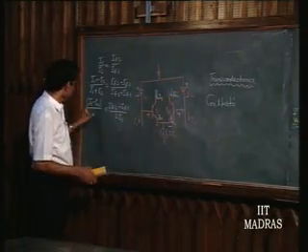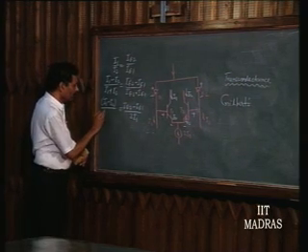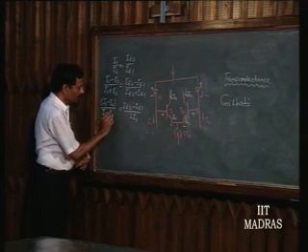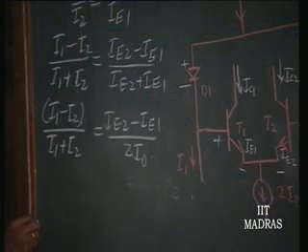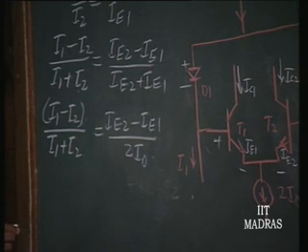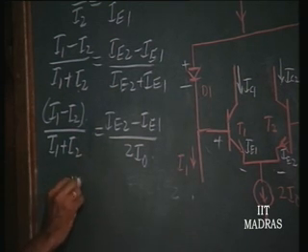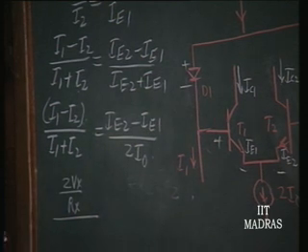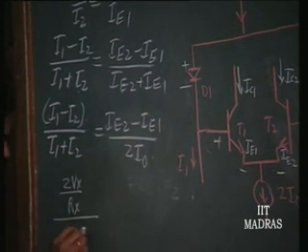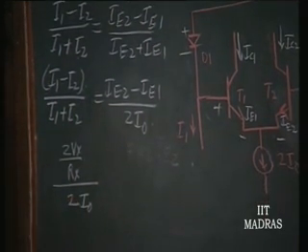So, what do you get here? I 1 minus I 2 by I 1 plus I 2 is going to be essentially equal to 2 V x by R x over 2 I naught, since I 1 minus I 2 is 2 V x by R x and I 1 plus I 2 is 2 I naught. Right.